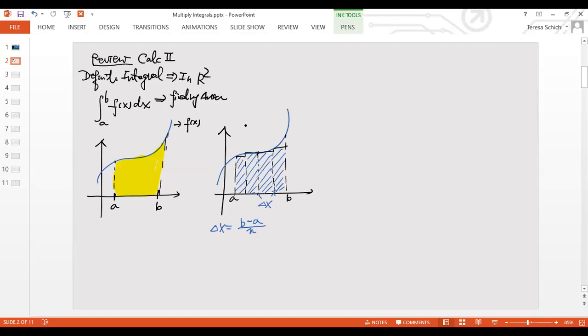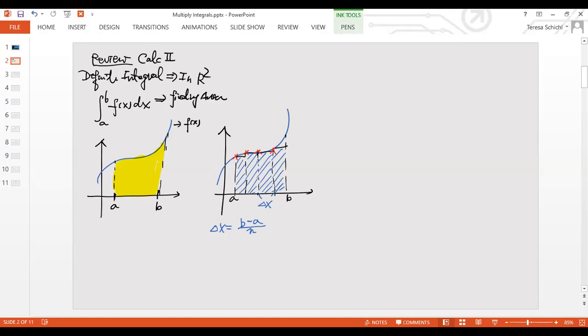Here, n is how many intervals we have. Then it depends on your rule. Here, I use the left-hand rule, so I use the left endpoint to find the height. So I have the width and the height, so I can find the area of each rectangle.